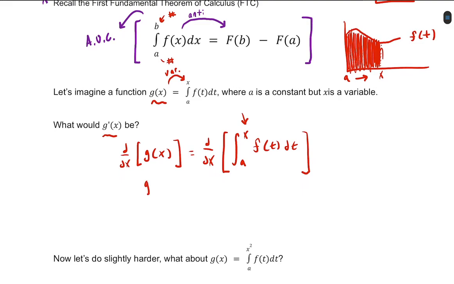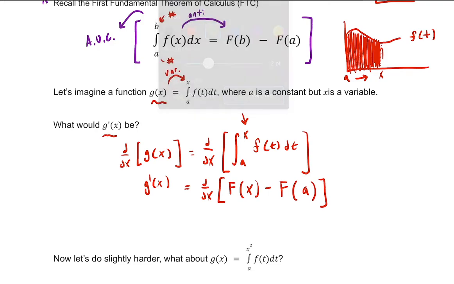Well, on this side, we've got g prime of x. On the right side, I have really no idea what to do here, but I do know I can apply the first fundamental theorem. This is capital F, the antiderivative, plug in x, minus capital F, plug in a. And now here is the super fun trick.